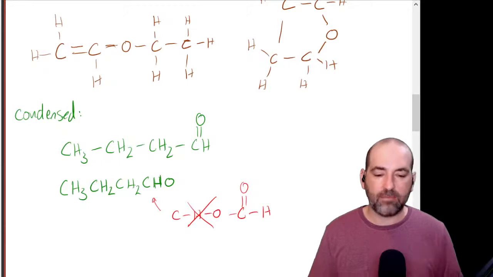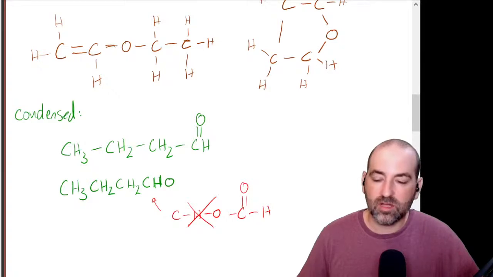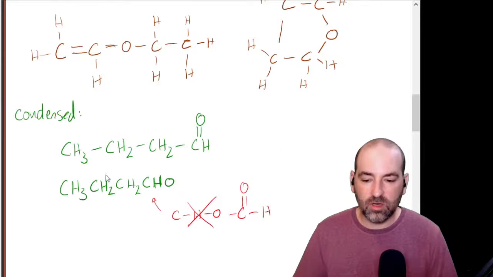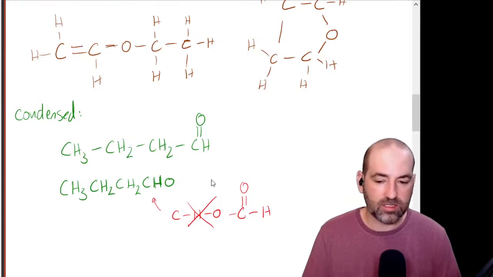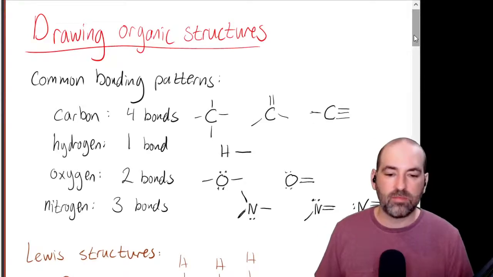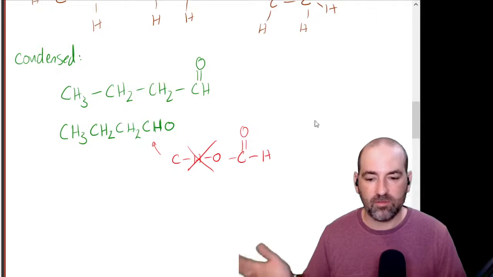And that brings us to the next point, which is that these types of structures require some knowledge. You couldn't really decode this structure unless you knew about these bonding patterns, because you might think it just means we'll put the H's in between the carbons, even though that's incorrect.